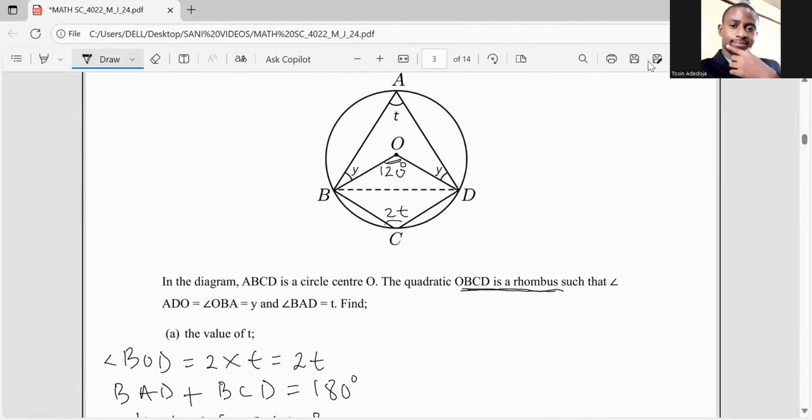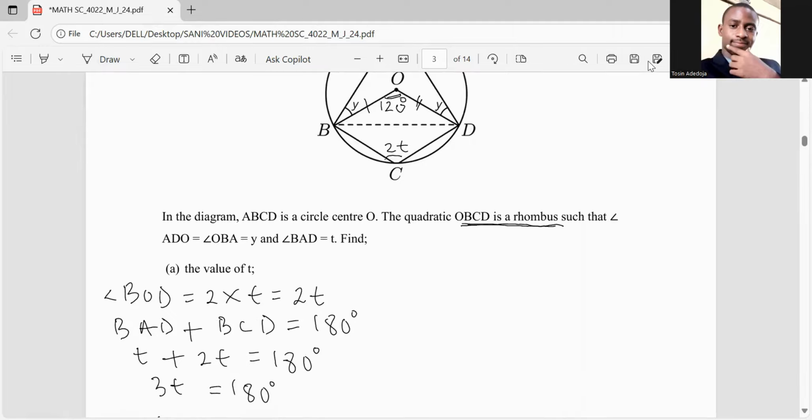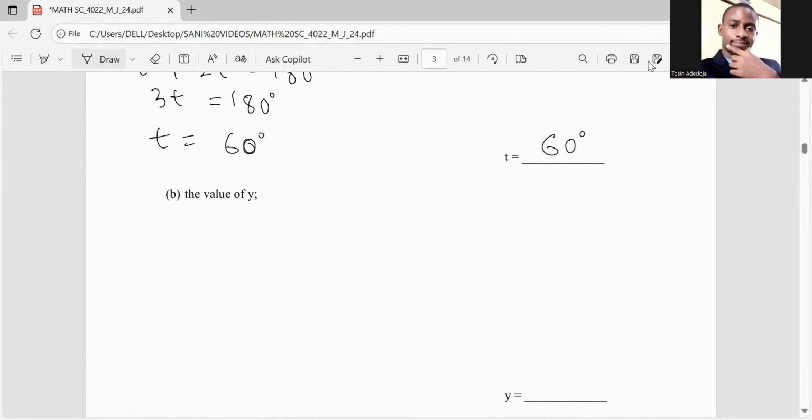And BOD is an isosceles triangle, because this is a radius and this is also another radius. We have angle BOD is 120 degrees already.